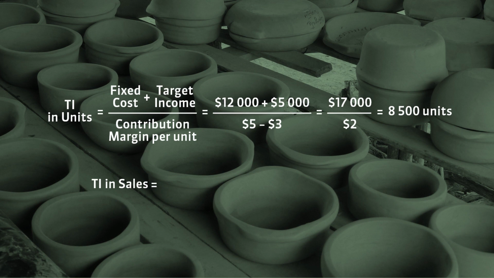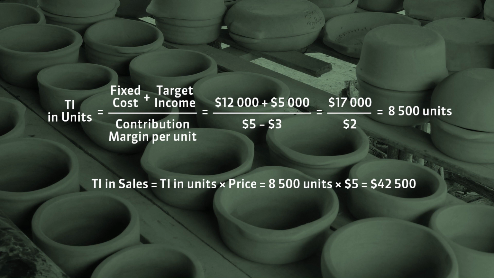Let's calculate the target income value as a sales value now. We can do this in two ways. The first way is to use the target income in units and multiply by the price. As you can see, to attain our target income, we have to sell pots for $42,500.